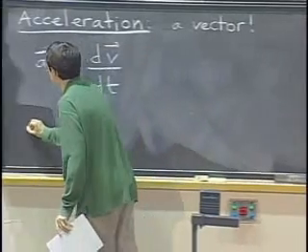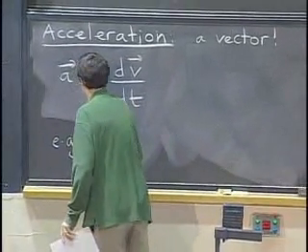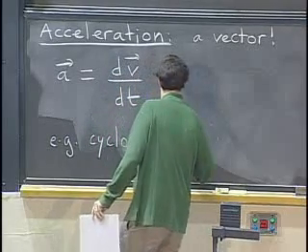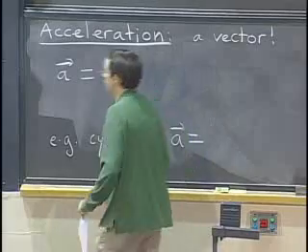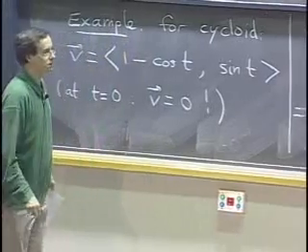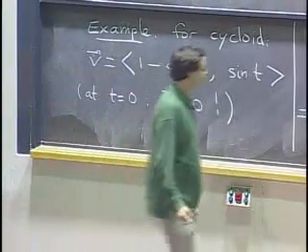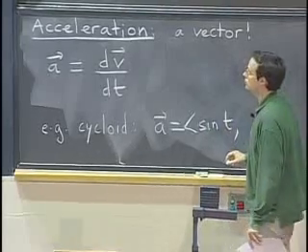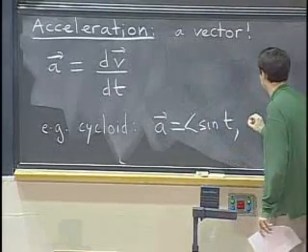So, for example, let's look at the cycloid. If we take the example of the cycloid, well, what's the derivative of 1 minus cosine t? It's sine t. And what's the derivative of sine t? Cosine t.